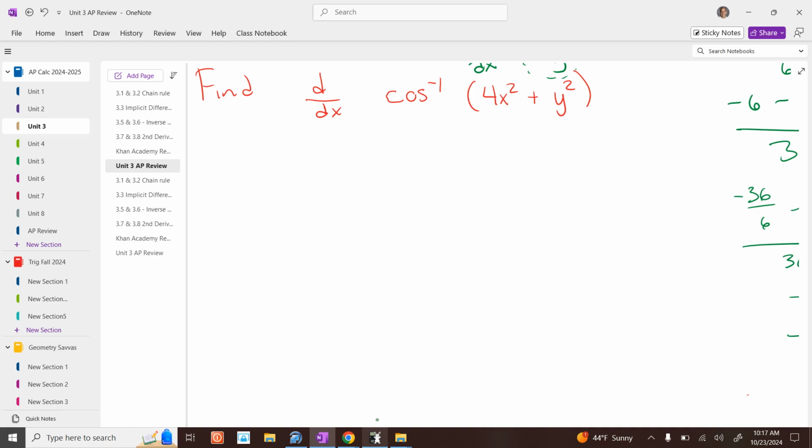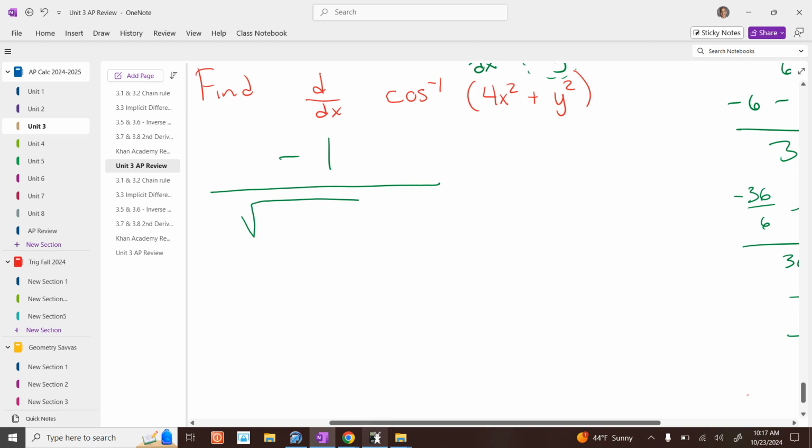Well, inverse cosine is negative 1 over the square root of 1 minus 4x squared plus y squared squared times the first derivative of this, which would be 8x plus 2y dy dx.